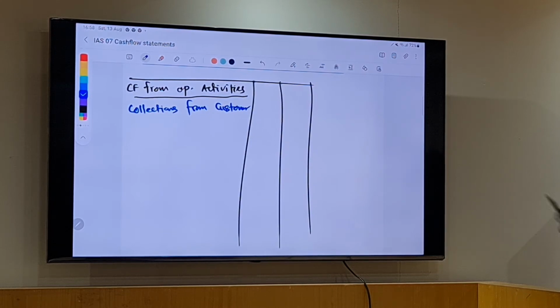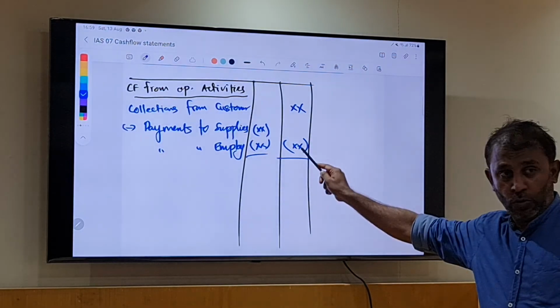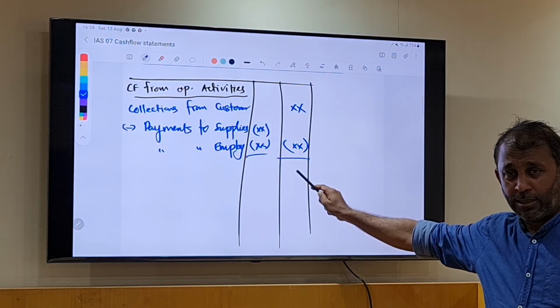Clear? So I will receive the collections from customers minus payments to suppliers, minus payments to employees. The difference in these two should be plus.